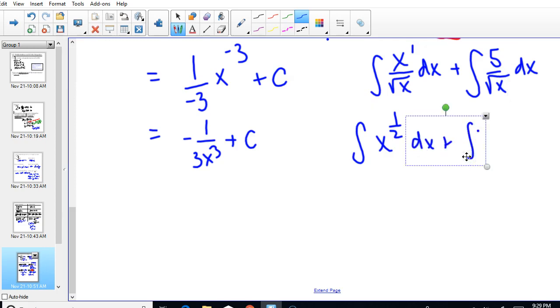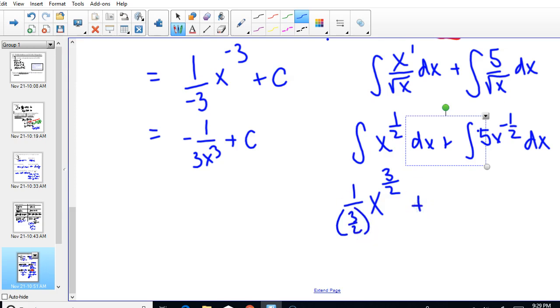And then here we will have 5x to the -1/2 power. And so we are going to integrate both of these. So we will have x to the 3/2 power. We have to divide out front by that 3/2, so we're going to have 1 over 3/2.